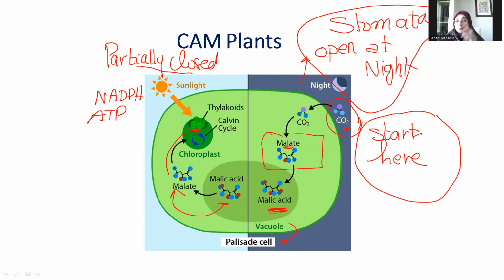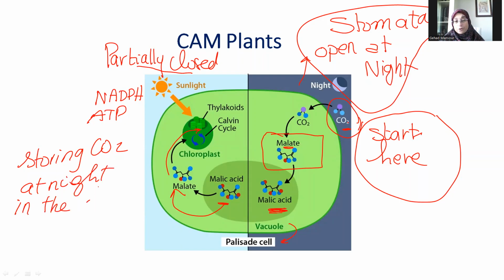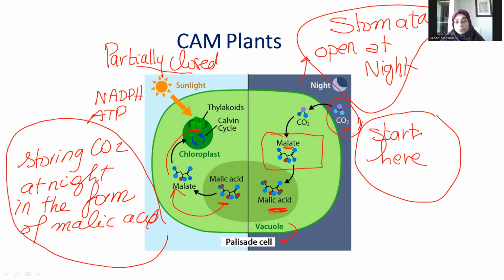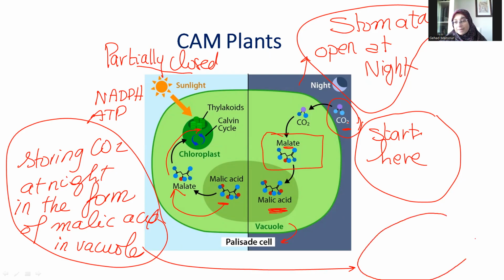So the overall process gives you the impression that we are storing carbon dioxide at night in the form of malic acid. And then after having stored it in the form of malic acid in vacuoles, we will release it during daytime.